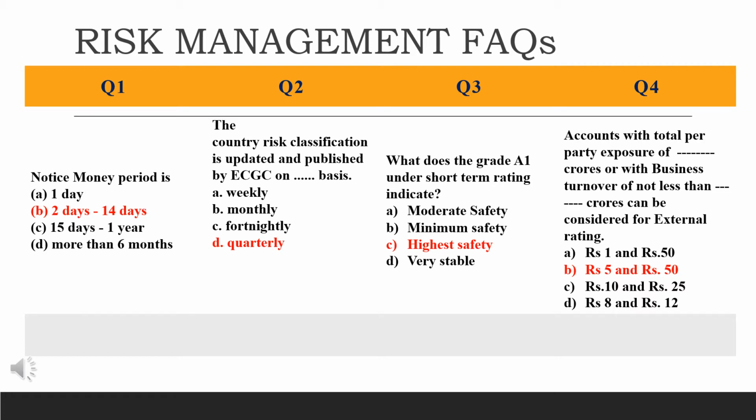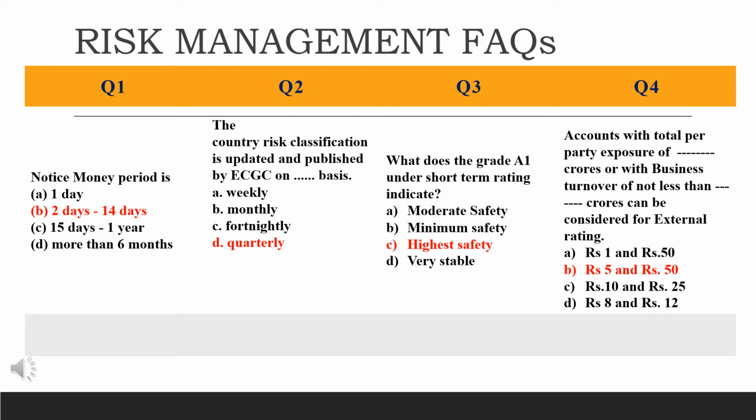So the answer for this is D, quarterly, because the ECGC publishes the country risk classification on a quarterly basis. It will not publish on monthly, weekly or fortnightly basis. Instead, it will publish on quarterly basis. So without wasting our time, we should tick the answer quarterly in your exam.